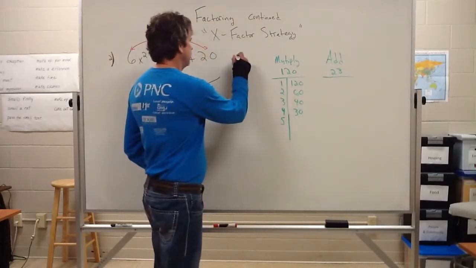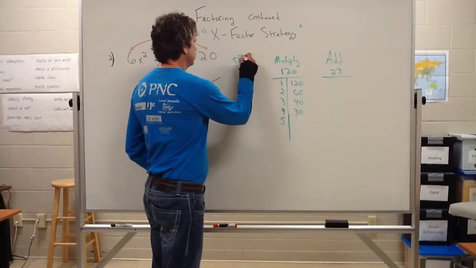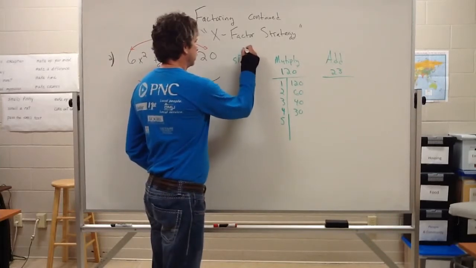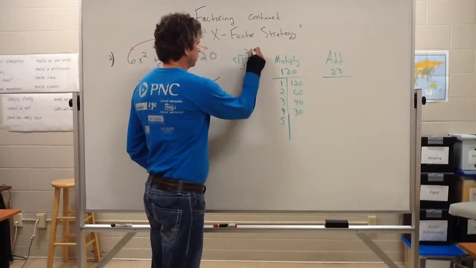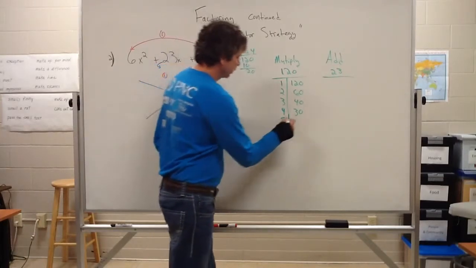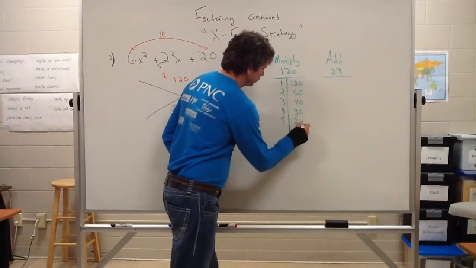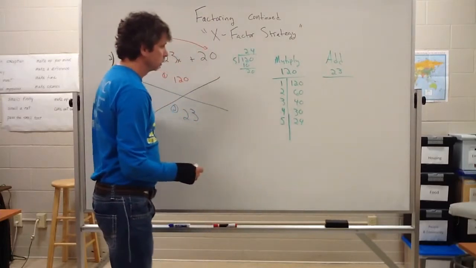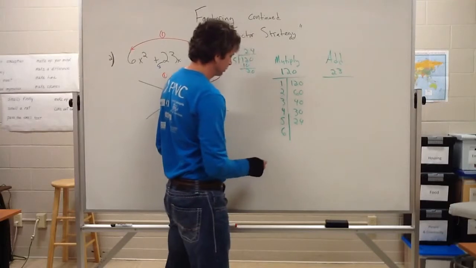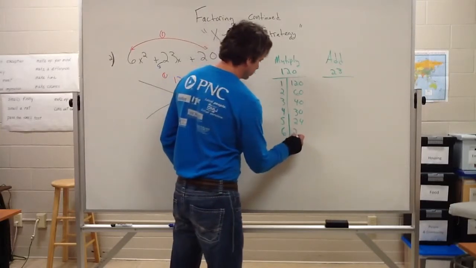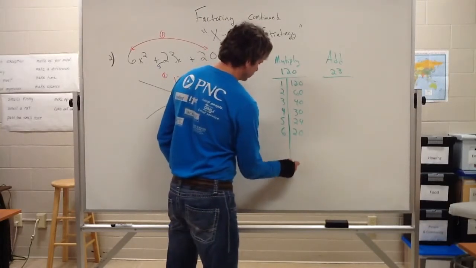Not really coming to mind on 5. 24. So 5 times 24 is going to give me my 120. 6 times 20, that's going to be 120.